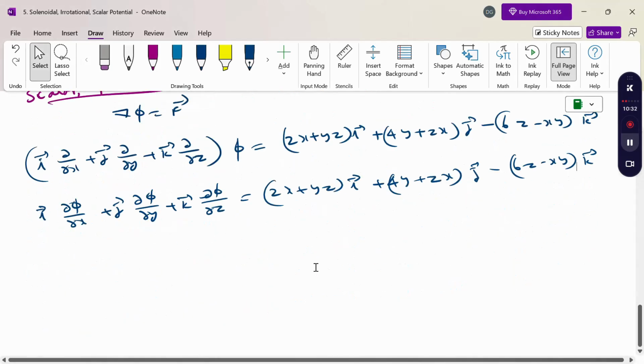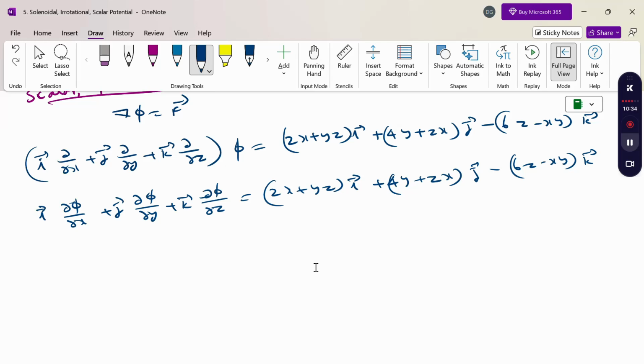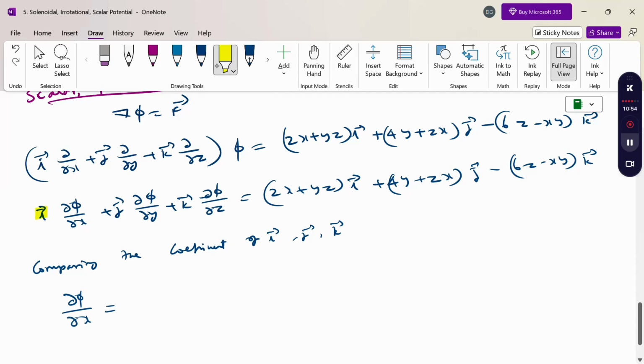Now comparing the coefficients of i vector, j vector, k vector.